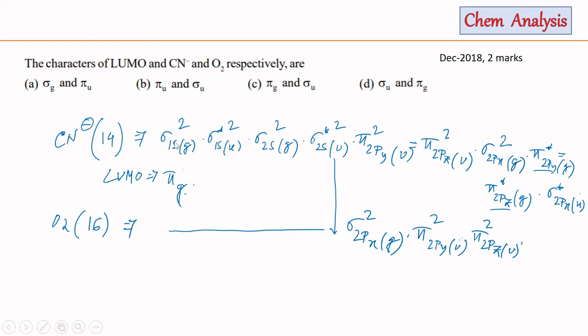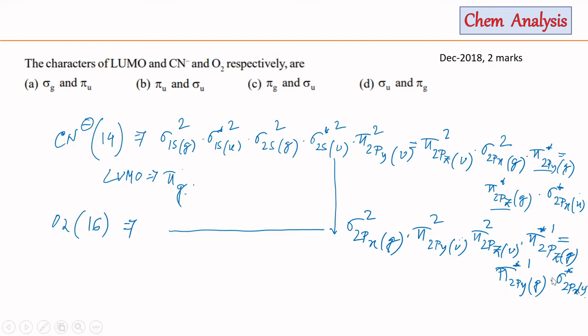Since there are 8 electrons, then 10, 12, 14, there will be 2 electrons distributed in the pi star orbitals, and since the pi star orbitals are the same in energy, there will be an unpaired electron in both pi star orbitals, 1 electron each. And last there will be sigma 2px star, which will be u.